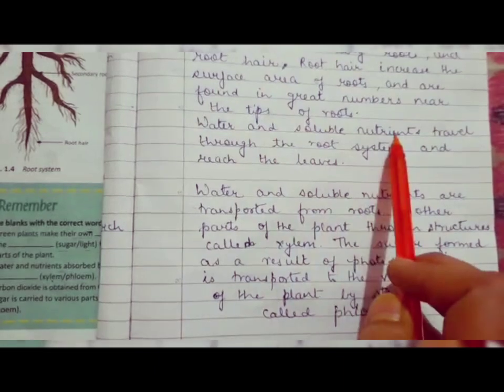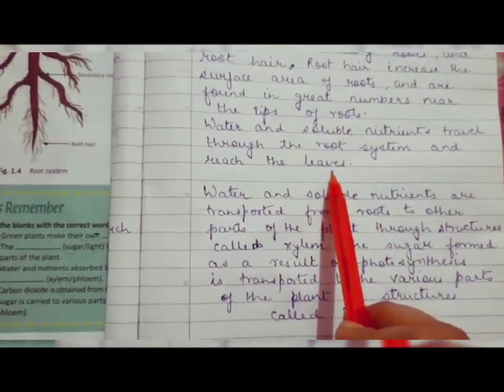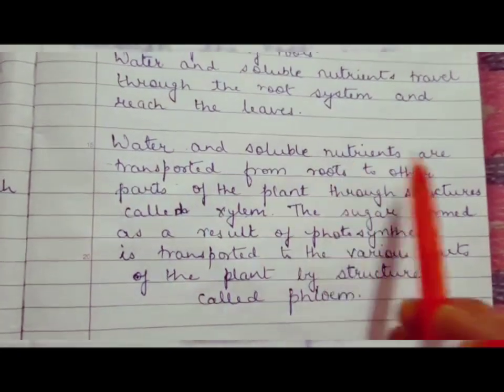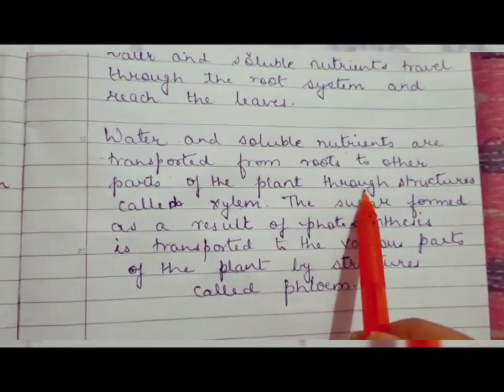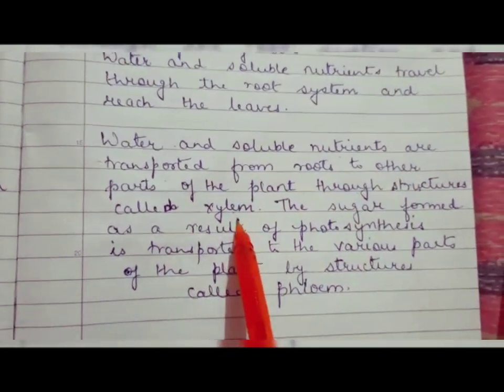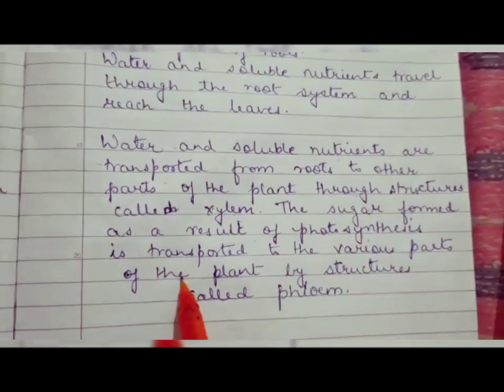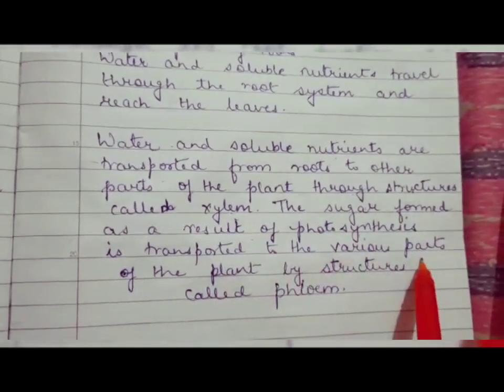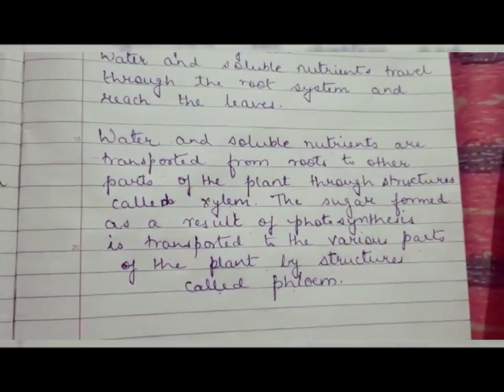Water and soluble nutrients travel through the root system and reach the leaves. Water and soluble nutrients are transported from roots to other parts of the plant through xylem, and the sugar formed as a result of photosynthesis is transported to the various parts of the plant by phloem.